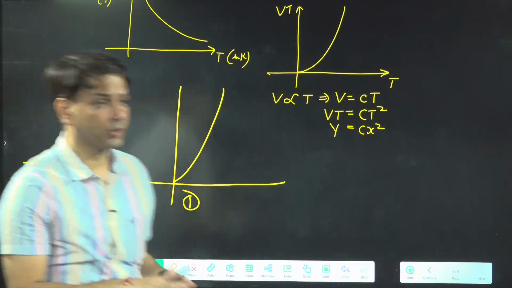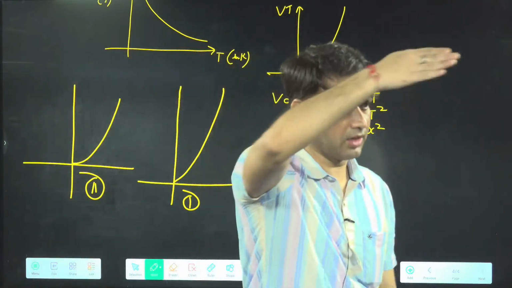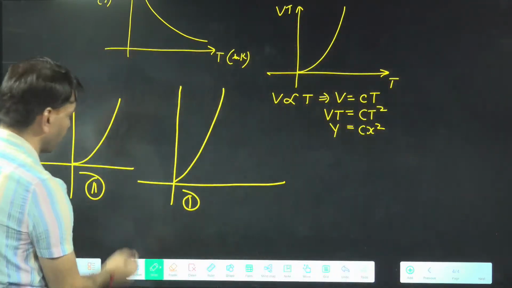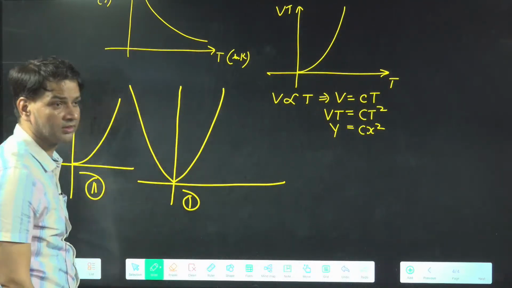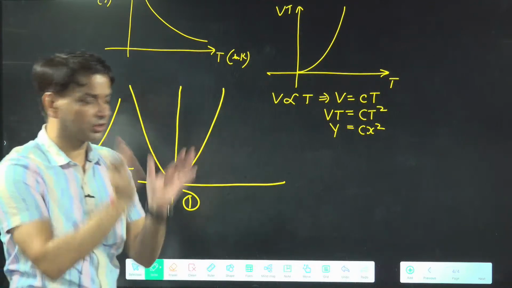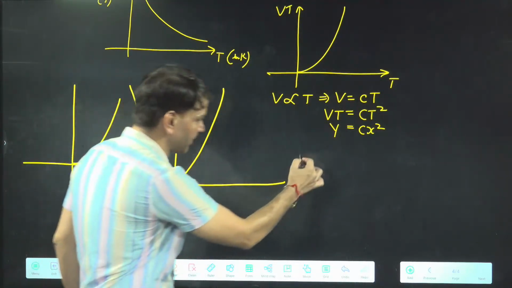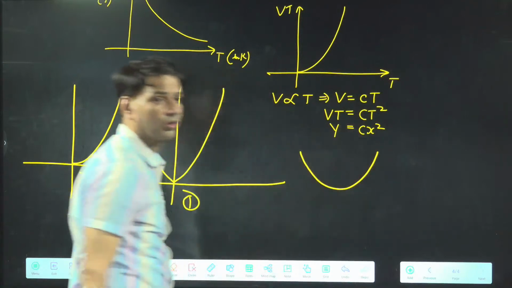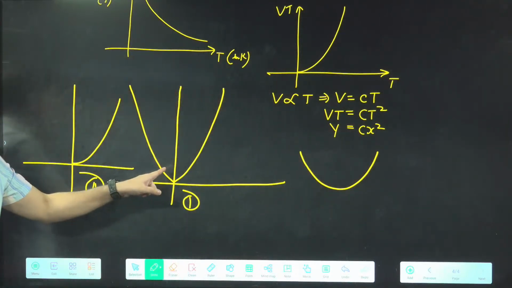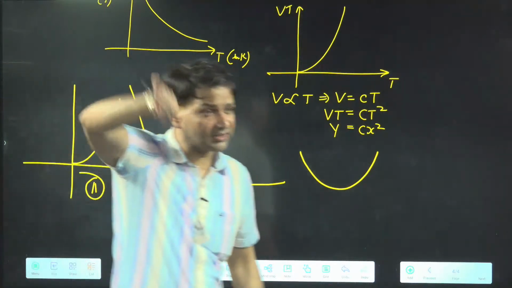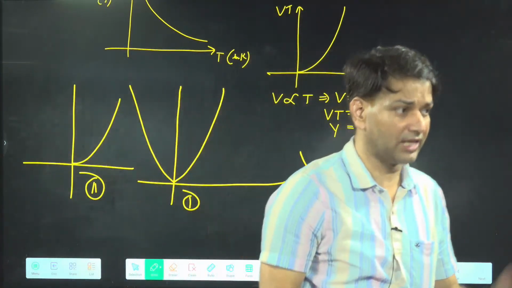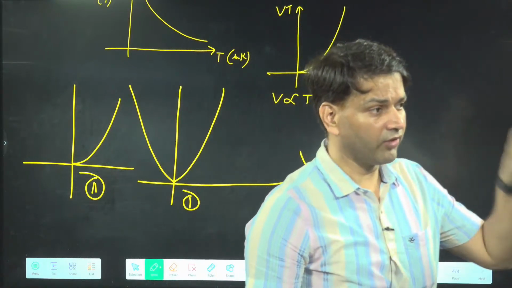We will take the second one. Why? Because the first one is sharp, like a corner, but a parabola is not sharp. This is not a corner. Here it will be like this. At the origin, it has to touch the x-axis. That's why the answer is the second. The first one is sharp.